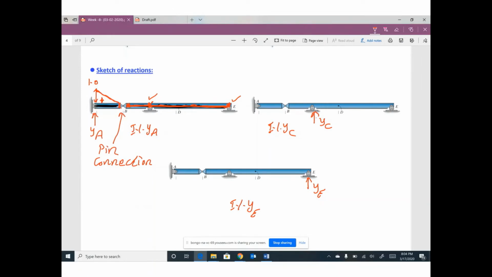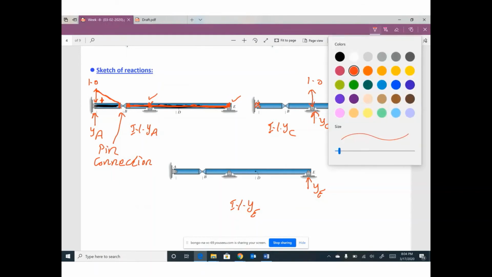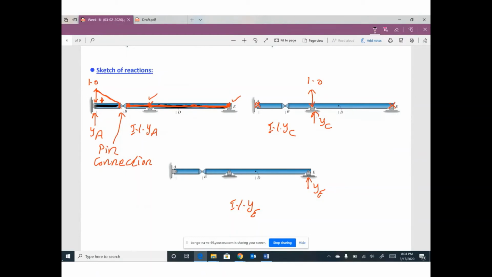One more time. If you would like to draw influence line for YC, push this support up by 1. Any other support as it is, without any movement. Keep in your mind that this part of the beam must be one unit, one line. So I believe the new position of this part will be like this.